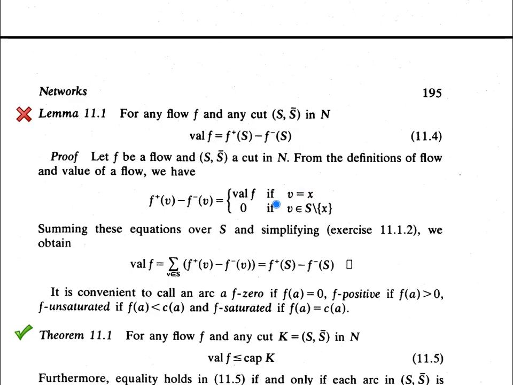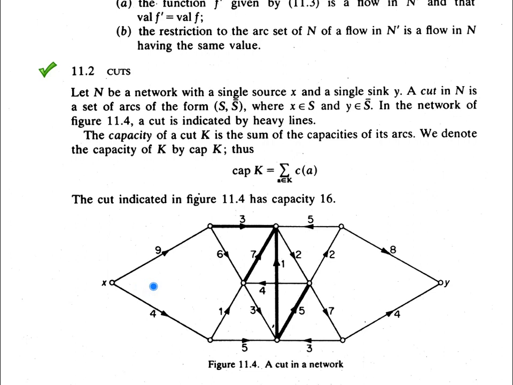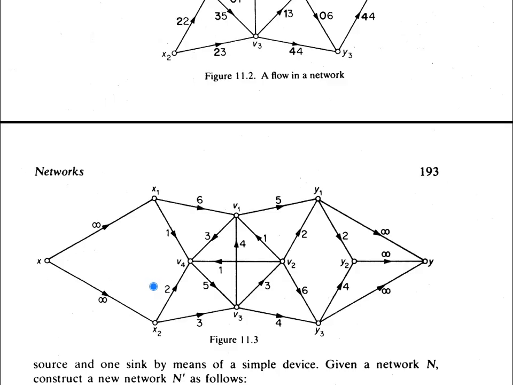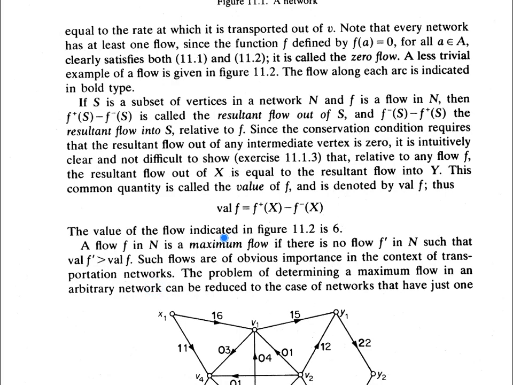Now, what you have is that the value of f is what gets out of the source, of the sources in general, of the source in our simplified case.